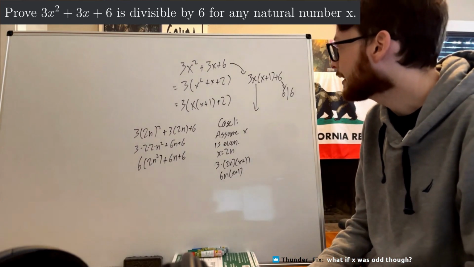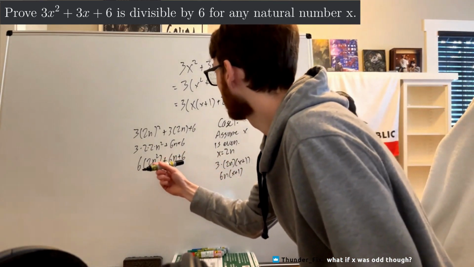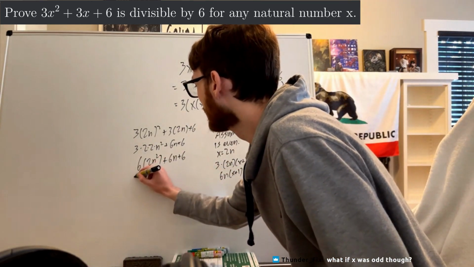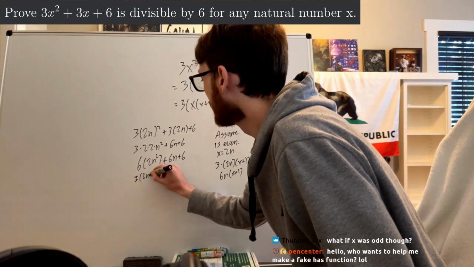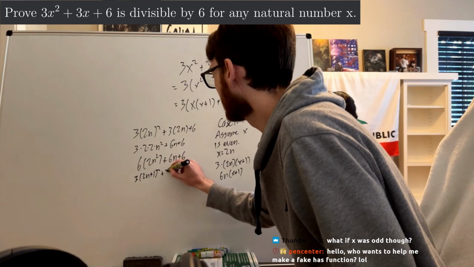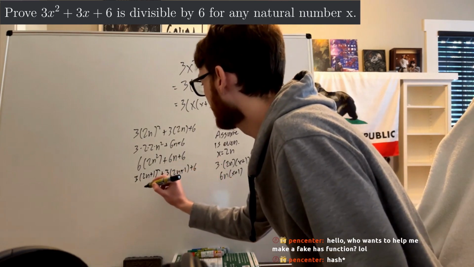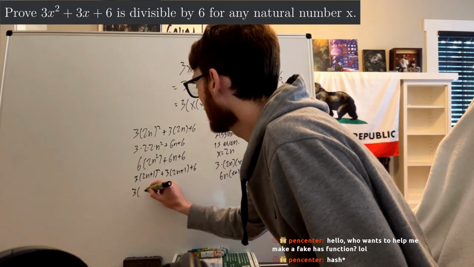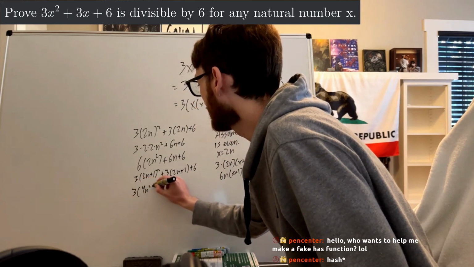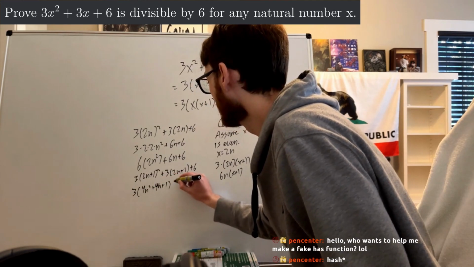If x is odd, I assume you do the same thing, and it works out. Let's actually try that. You have a bit of math to do with that squared, but it should work out. 4n squared plus 4n plus 1. That looks ugly.